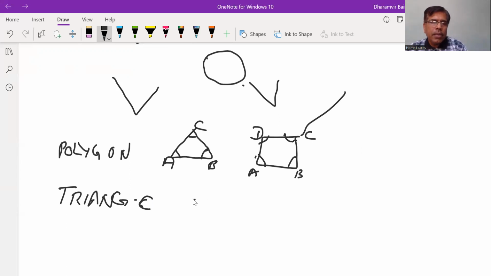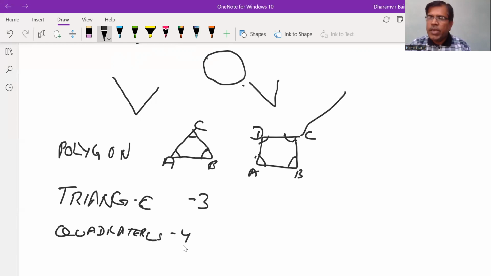Any triangle has 3 sides. Then the quadrilateral has 4 sides, 4 vertices. This is the quadrilateral ABCD.